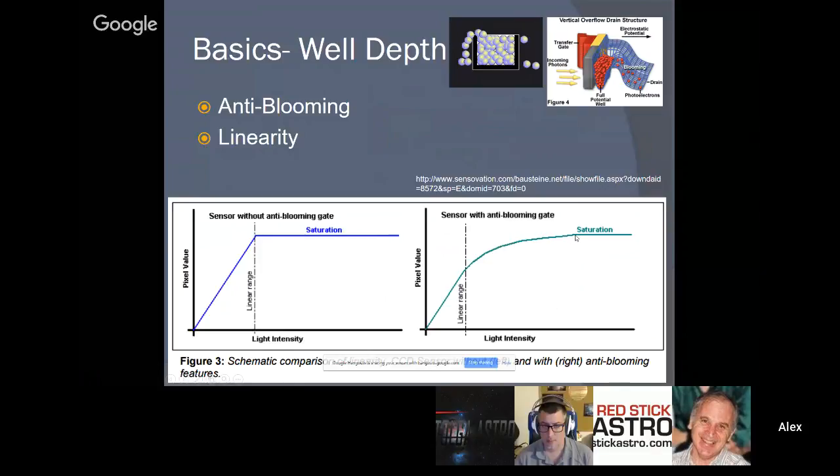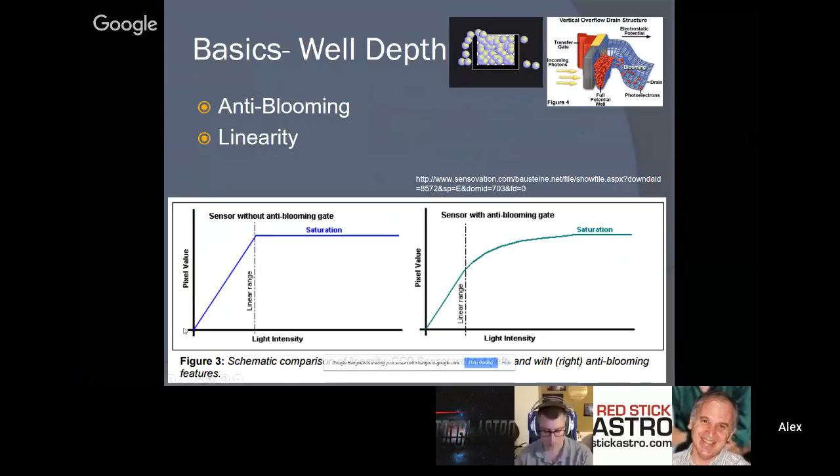And then finally, it too gets to a saturation point where it won't increase anymore. You've tossed as many photons into this well as you can. This is incidentally from a presentation that you can find on the astroimaging channel called Sensor Sense. I referred to it earlier. So this is linear. This is no longer linear.